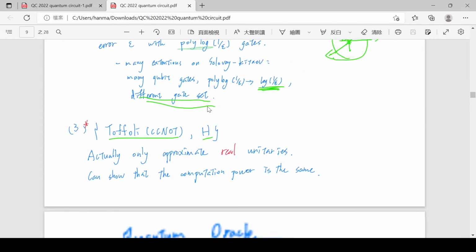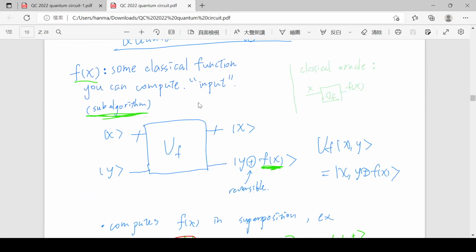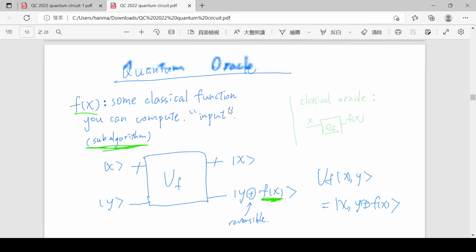That's pretty cool. Then we switch gears and start talking about quantum algorithms. In quantum algorithms, we want to see the speedup. So we start talking about this slightly weird concept of a quantum oracle, which is actually a generalization of the classical oracle.